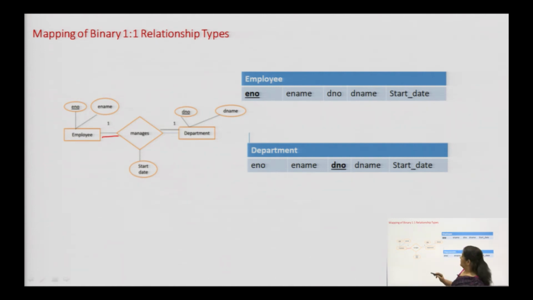That means we will merge all the attributes of the participating entity types as well as the attribute of the relationship type into a single relation, and the key of that single relation can either be the key of employee, or it can be the key of department. So, this is what I have done: ENO, ENAME, DNO, DNAME, start date. Here I am taking the key of the employee, ENO. Here, the key is that of the department.